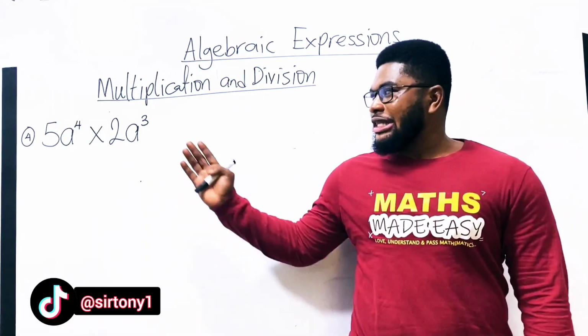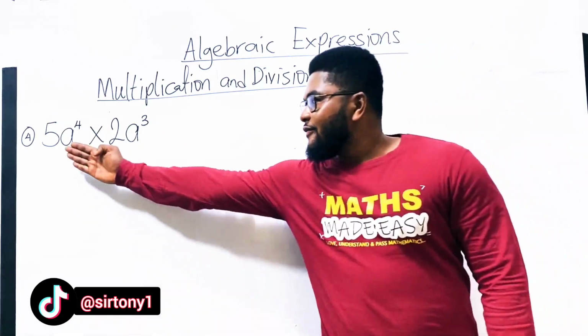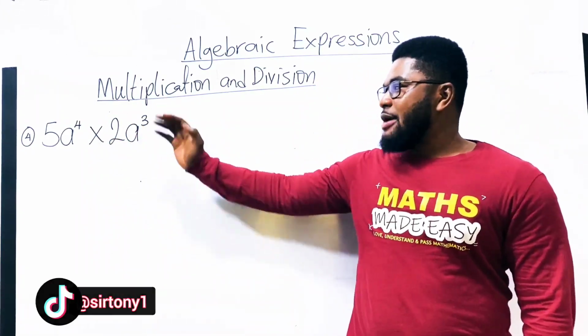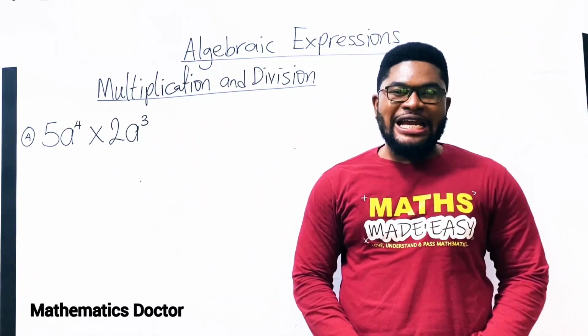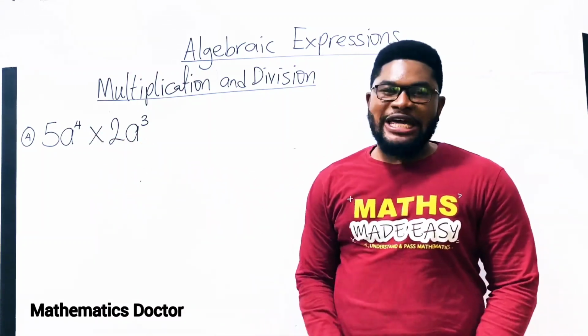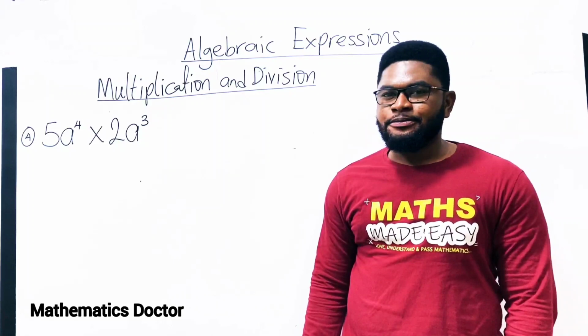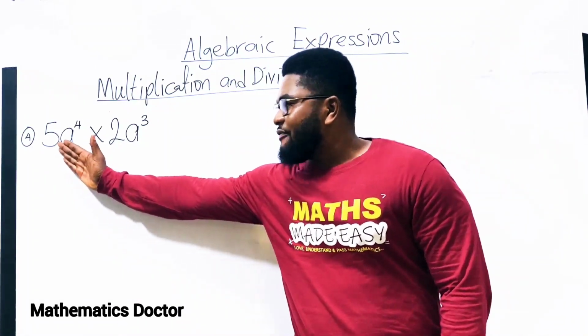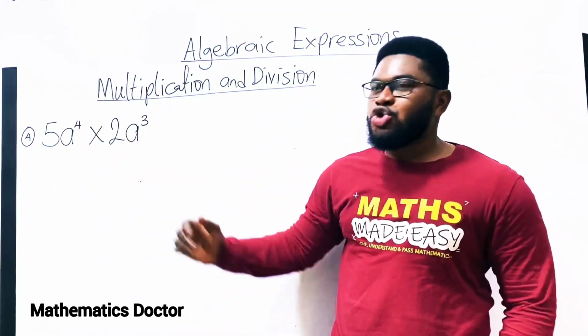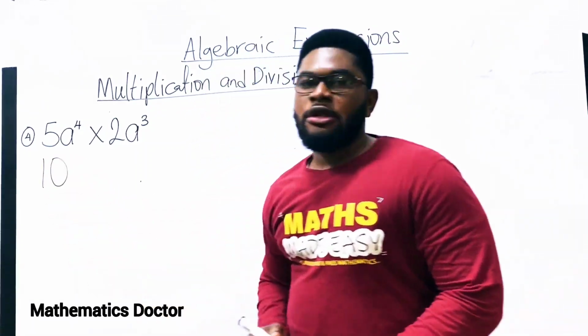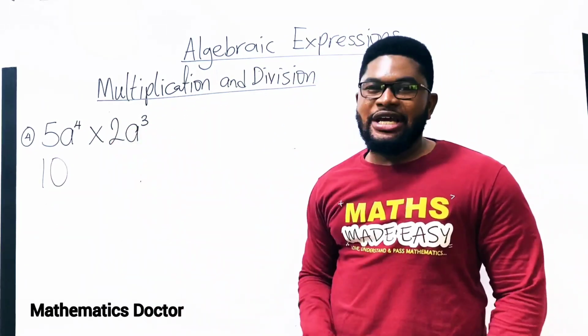Let's take the fourth example. 5a raised to the power 4, multiplying 2a power 3. We are simplifying this. Since we have a multiplication sign, we will go by the multiplication method. So the coefficient 5 will multiply the coefficient 2, giving us 10. The only variable in this question is a.